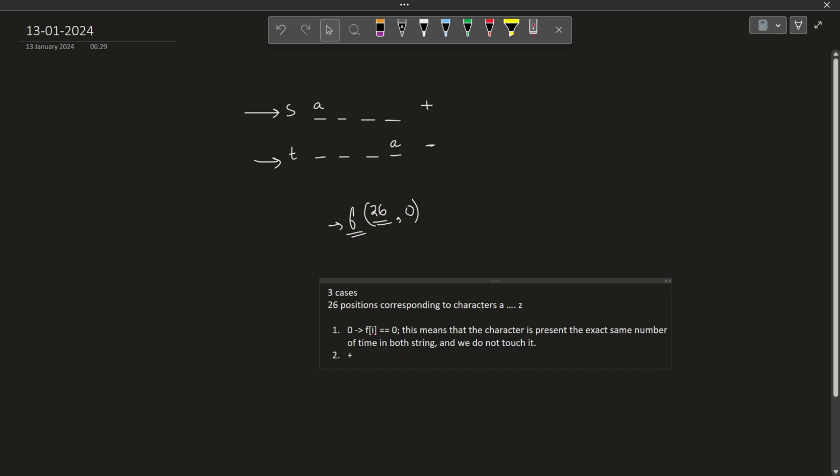The second case can be that the value is positive, so that means f of i is greater than 0.